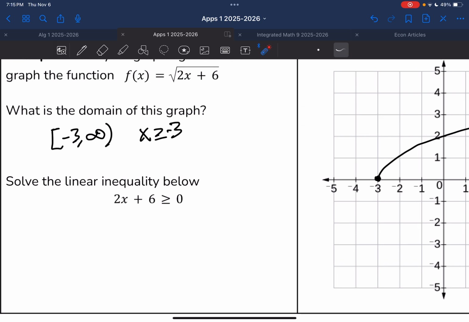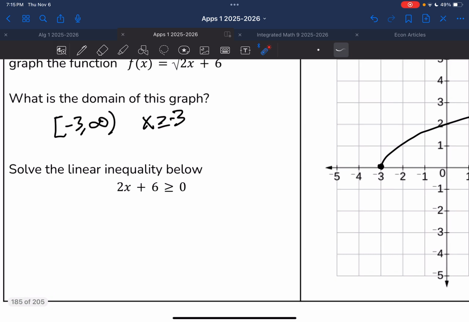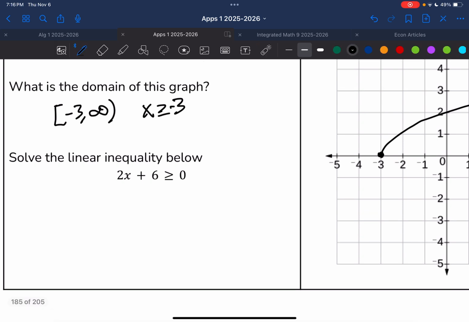So one way to figure out where this function is going to be defined, where this radical is going to be non-negative, is we can write an inequality like this: 2x plus 6 is greater than or equal to 0. Then we want to solve this. We subtract 6: 2x is greater than or equal to negative 6, divide by 2. You get x is greater than or equal to negative 3, which is exactly your domain.